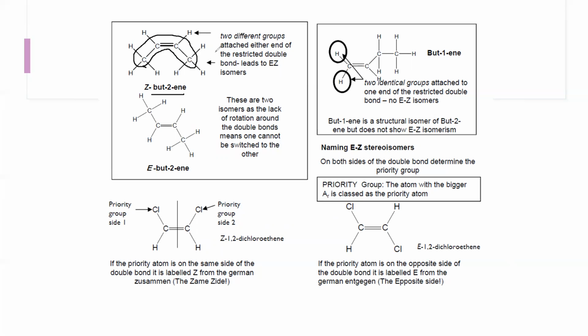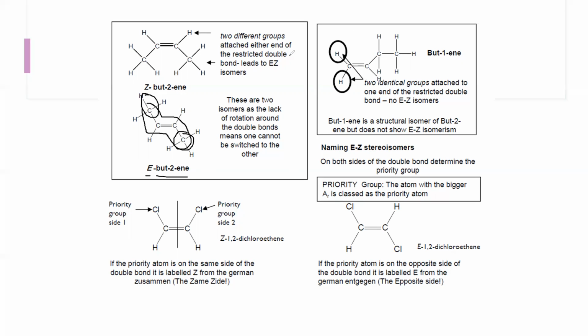In this case, you can see the heavy groups are on the same side, so it is Z-butene. And if we change the position, this is also butene, no difference in the name, but the heavy groups are on opposite sides. So it is E-butene, or trans-butene. And we always give priority to the group which has greater mass.